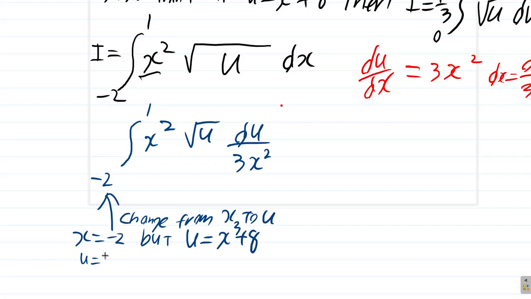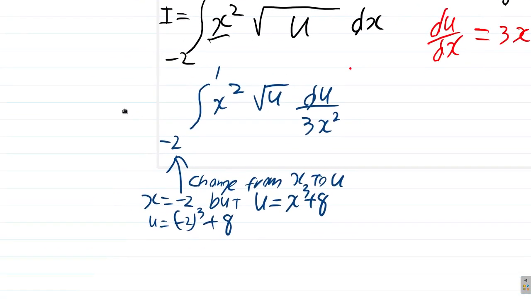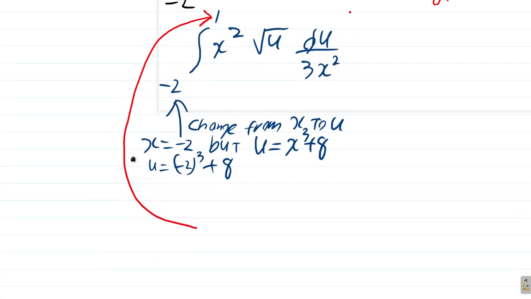So I have to say u is -2 cubed plus 8. You see that? And then up top here, what's going to happen? Same thing. And u will be 1 cubed plus 8.